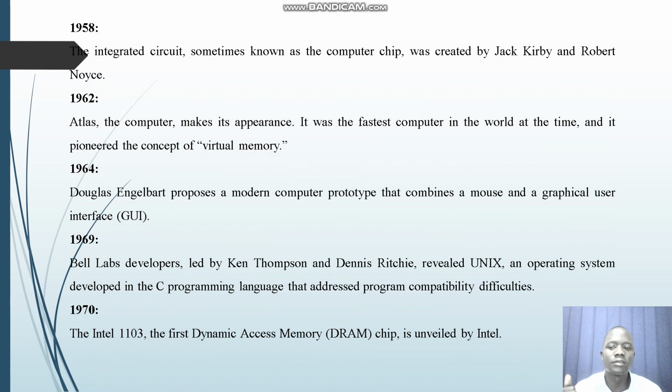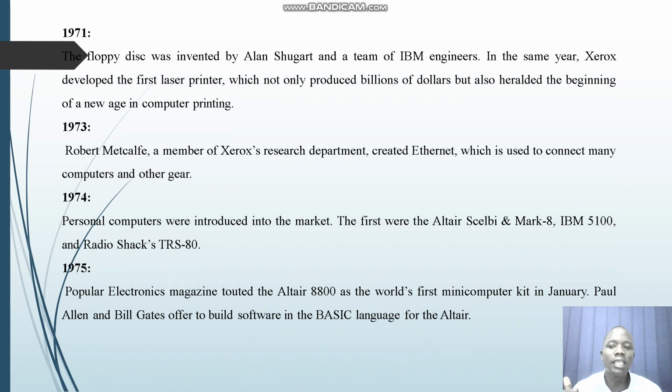For example, in 1964, Douglas and Gilbert proposed a modern computer prototype that combines a mouse and a graphical user interface, that is the GUI. There you will see the issue of plug and play.